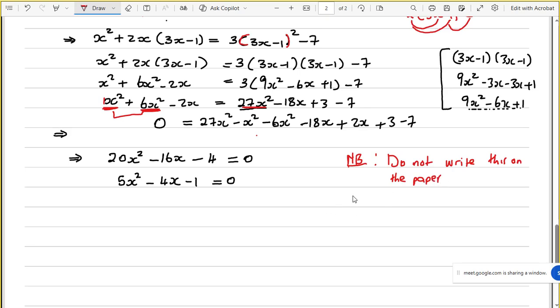We're going to say x is equal to minus b plus or minus the root of b squared minus 4ac, everything divided by 2a.